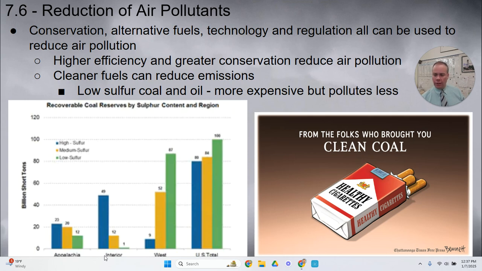And so when we look at what's available, this graph shows that the coal that's available in the western part of the United States is low sulfur coal. The coal that's available in Appalachia is more of the high sulfur coal. So which types of coal we use will have a big impact on the emissions of some of these pollutants.